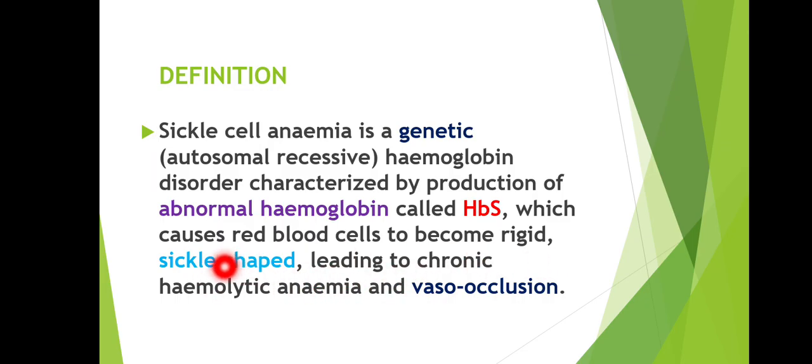Hemolytic anemia is anemia caused by destruction of red blood cells. Vaso-occlusion happens because these sickle-shaped red blood cells are sticky and stiff, so they occlude small blood vessels.